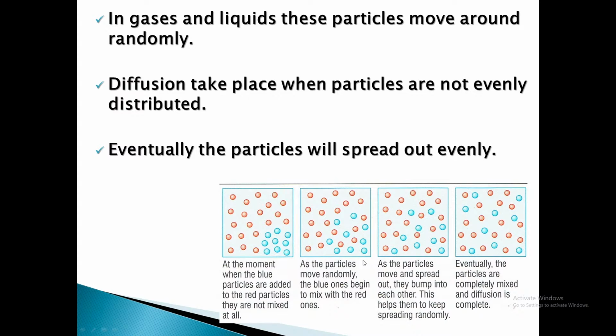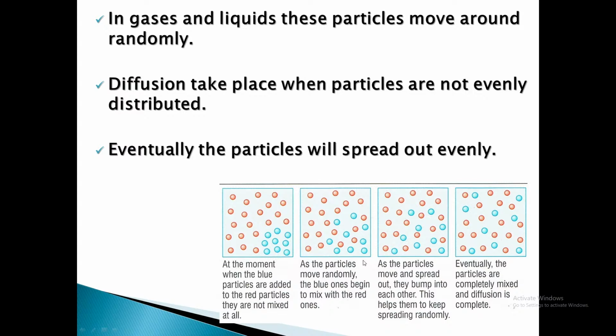That is the same principle for diffusion. Once a particle realizes that it is going to bump into another particle, it finds a free space for itself. So after a while, it spreads out right across the box. At the third box, they are saying as the particles move and spread out, they bump into each other.